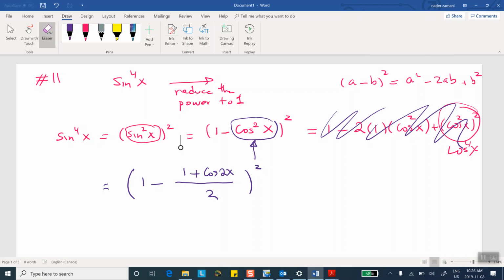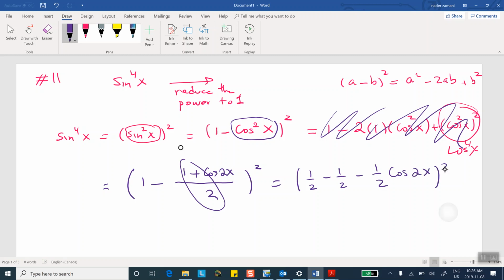Okay, so let's do a little bit of cleanup here. This is minus 1/2 minus 1/2 of cosine of 2x. These are basic arithmetic skills.